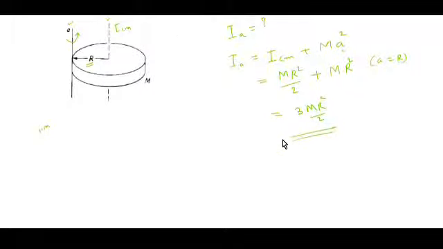Now let us move to the next topic, that is dynamics of pure rotation about an axis. Here we discuss dynamics of pure rotation about an axis. Actually, the main discussion here is the dynamics of a rigid body rotating about a fixed axis.